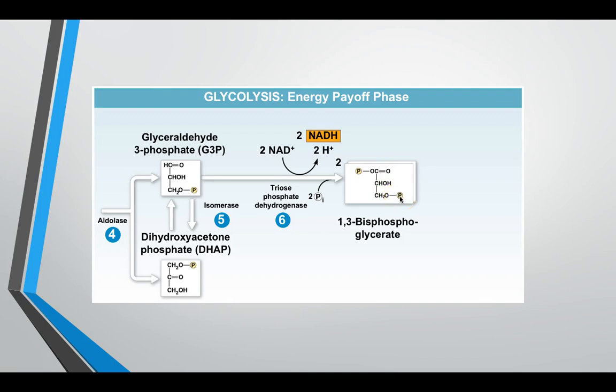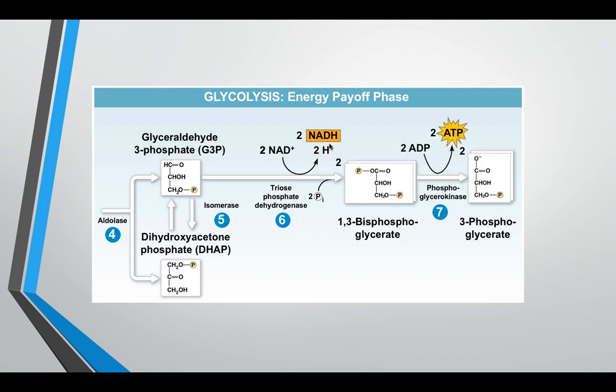Remember, this is happening twice. It's going to happen to both G3Ps. So at this point, I'm netting 2 additional reduced NADH. 1,3-bisphosphoglycerate is going to give up a phosphate to an ADP molecule.